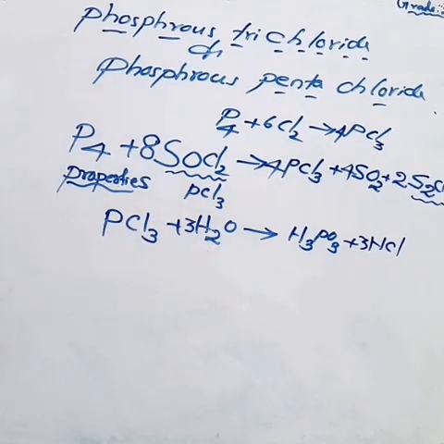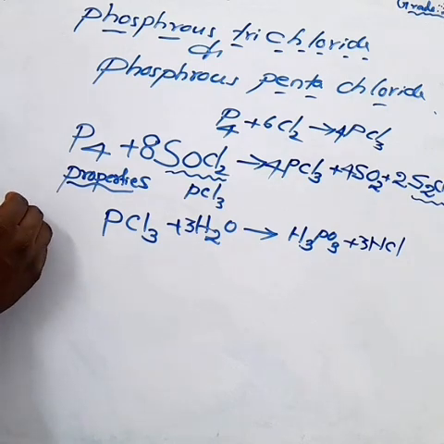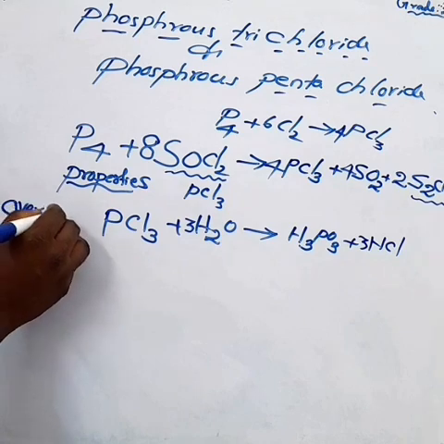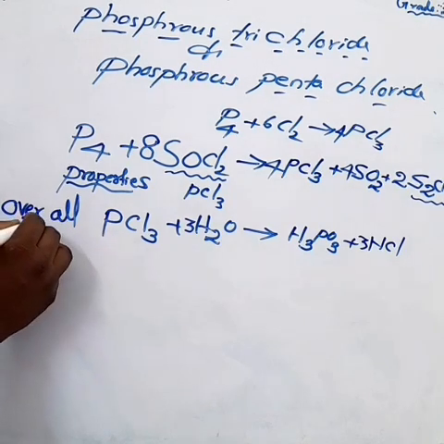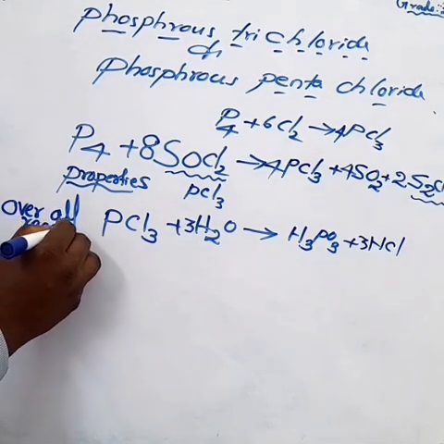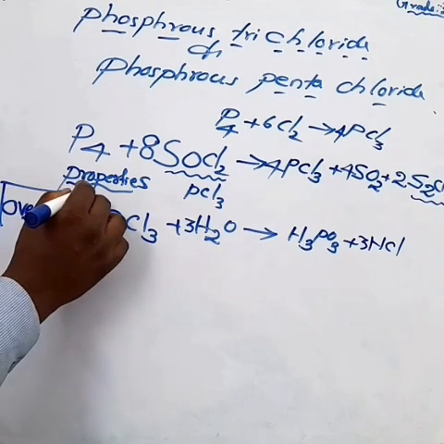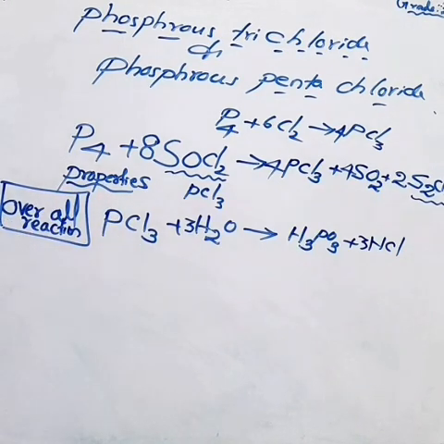Now the equation is balanced. This is the overall reaction of phosphorus trichloride with water, or otherwise we can say phosphorus trichloride undergoes hydrolysis. We get phosphorus acid and also hydrochloric acid.